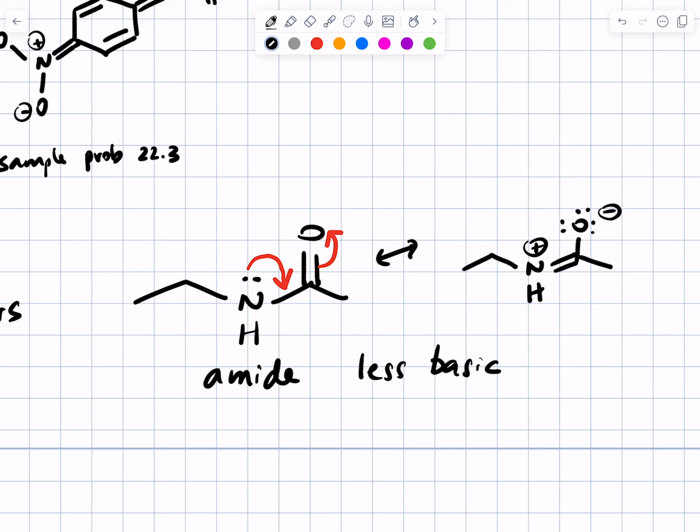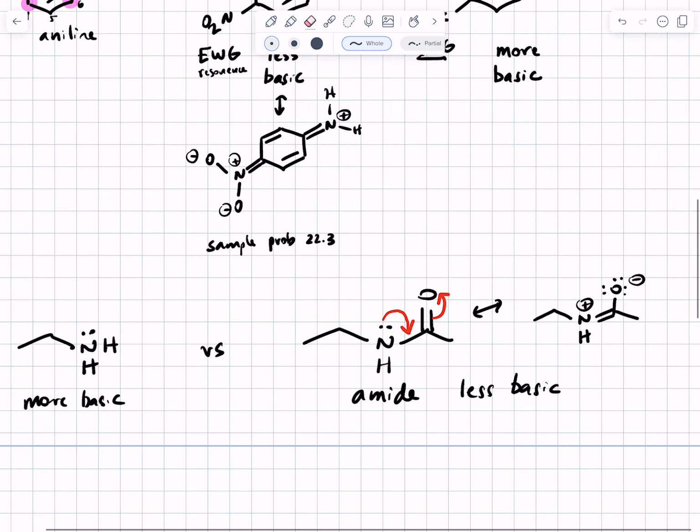So amides are not good bases at all, which is why I've never, ever, ever shown you the pKa for this, because it's really, really low. So low that I'm going to actually erase it. We're never going to think about it again. So yes, resonance stabilization makes the amide less basic.